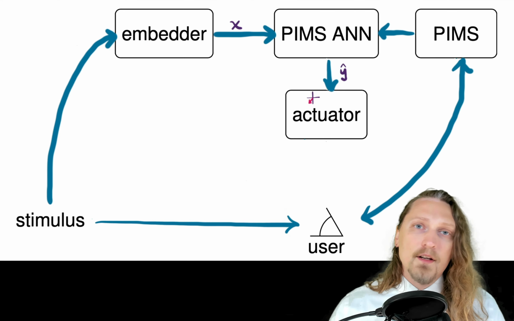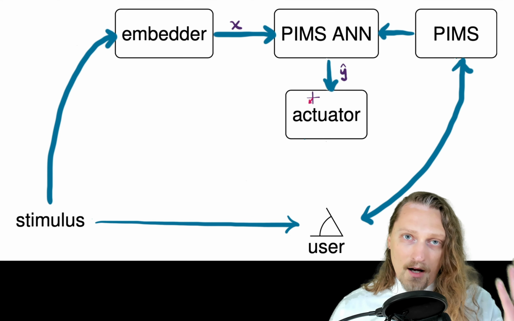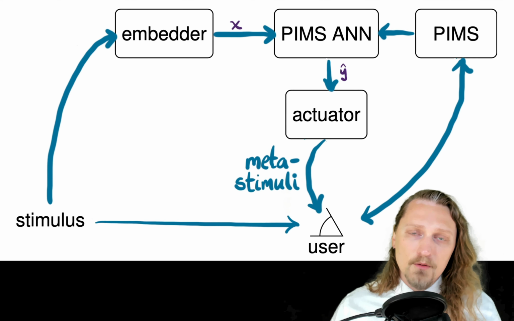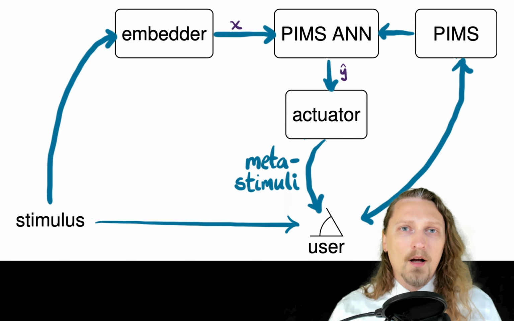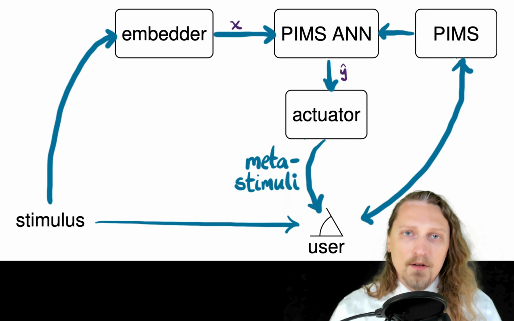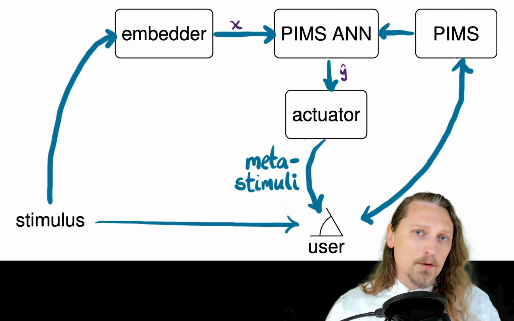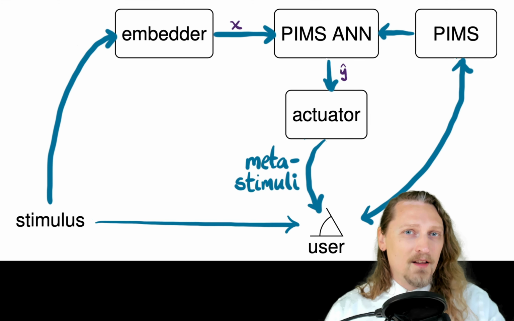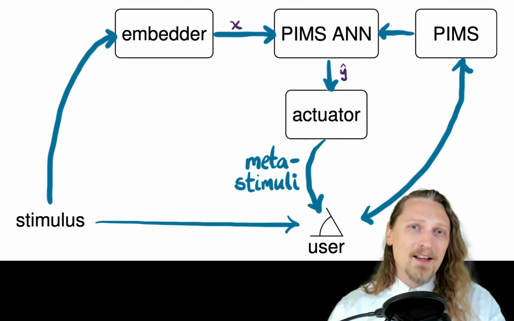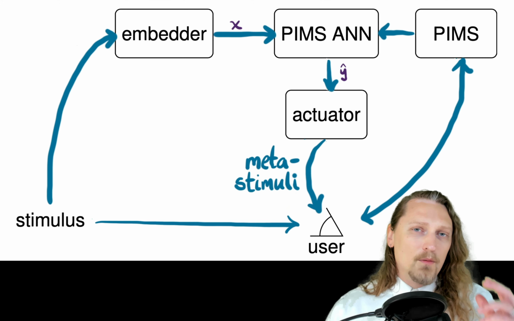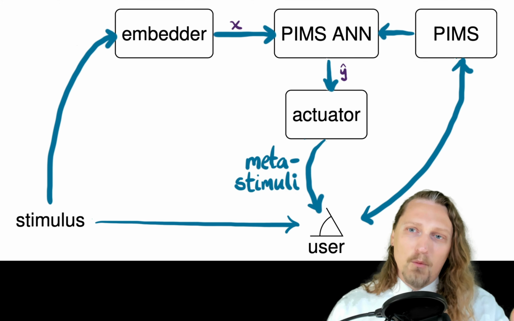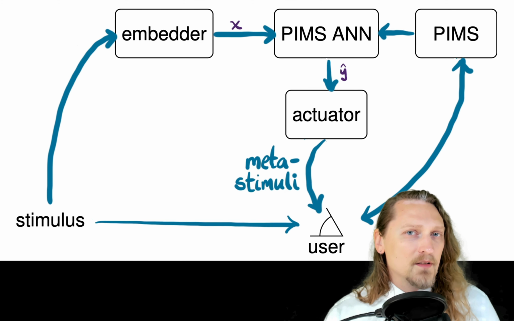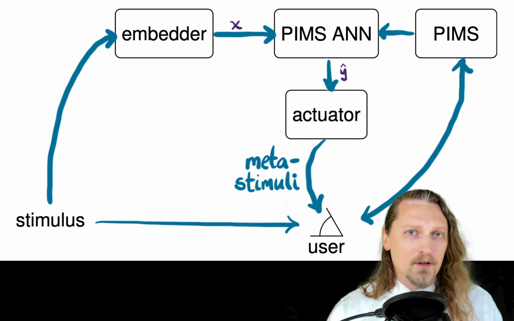They could be haptic, they could also be visual, auditory, etc. Whichever mode or modes we choose to actuate with for the user will together be considered metastimuli. It is going to associate for the user where in their PIMS the atom that they are experiencing belongs, say it is a video of a lecture, which is the first type of system that we plan to study, and give them some additional redundant but also information-rich stimulus.